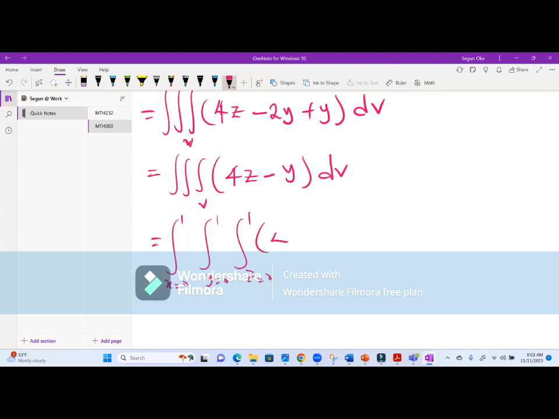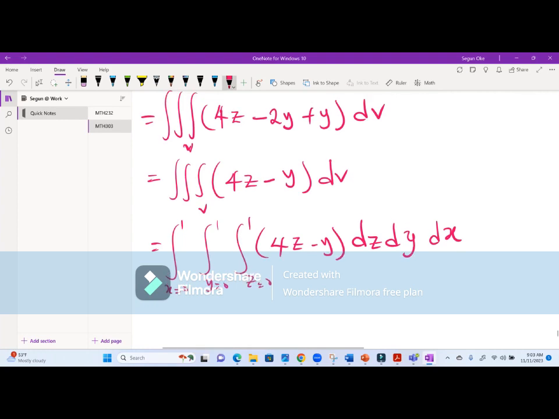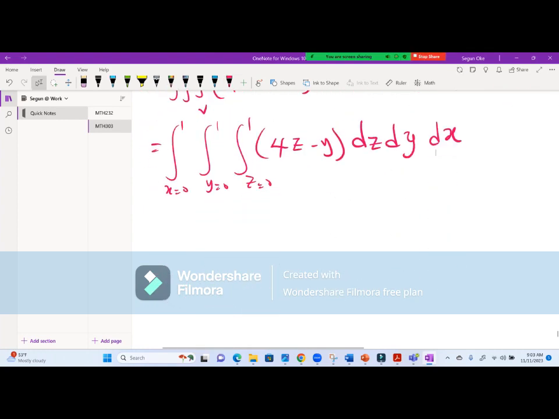So what do we have? 4z minus y dV. Since we substituted the boundary, we have it to be dz, dy, dx.